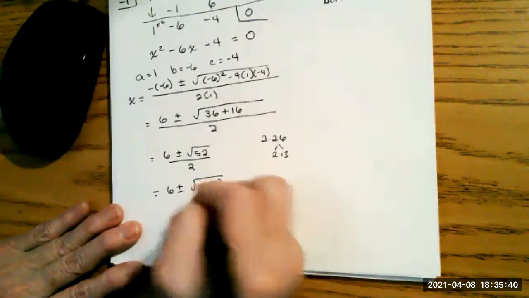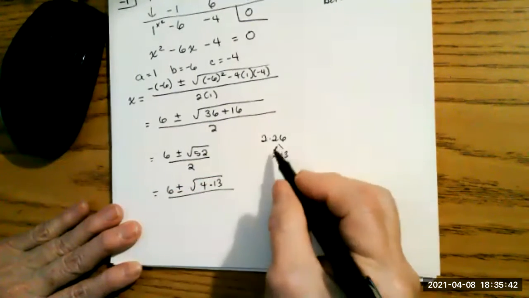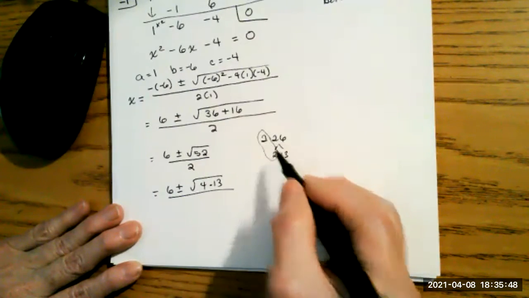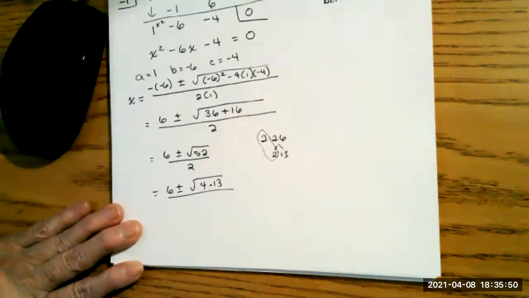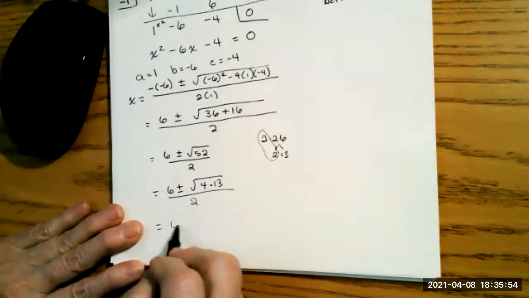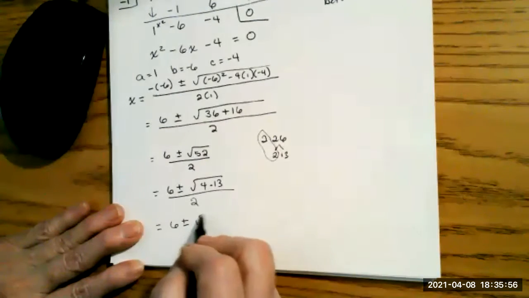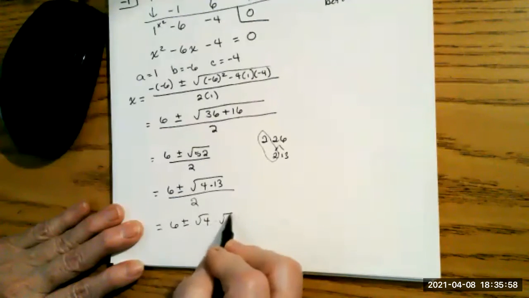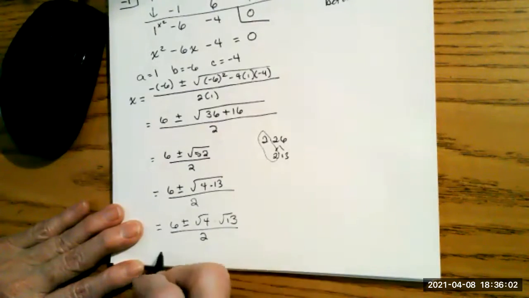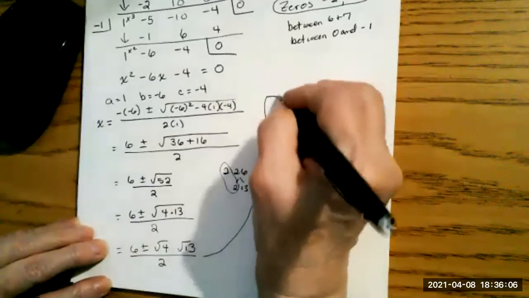4 times 13. And see how you can, if you got 2 and 26, you could break your 26 down and see right here you've got a pair of 2's, which would be a perfect square 4. So you can do it that way. Plus or minus the square root of 4 times the square root of 13. And the square root of 4 is 2. Let's see where I'm going to move to here.